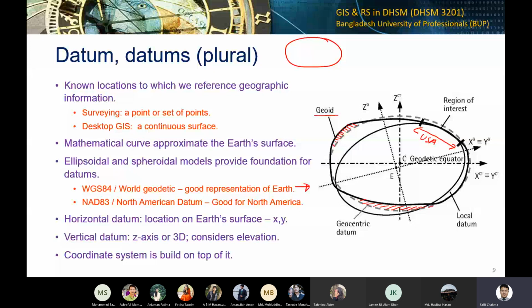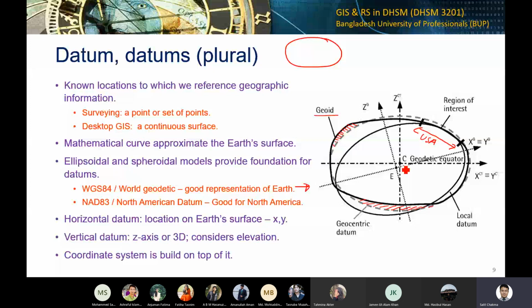So now what can I do? Then the scientists or the geographers came up with a solution. They said, okay, we are going to develop another datum for USA. And what do they mean by another datum? They actually mean they have developed another ellipsoid for USA. But this ellipsoid moves away from the center of Earth.